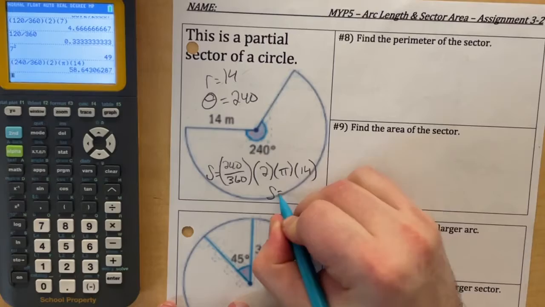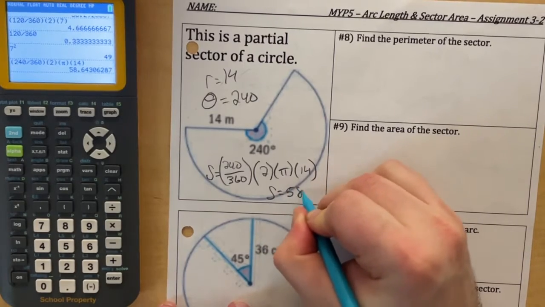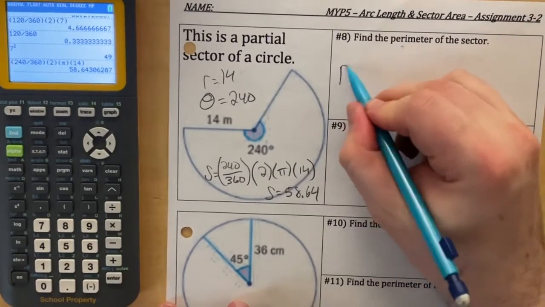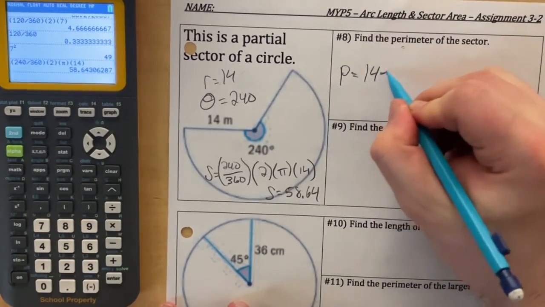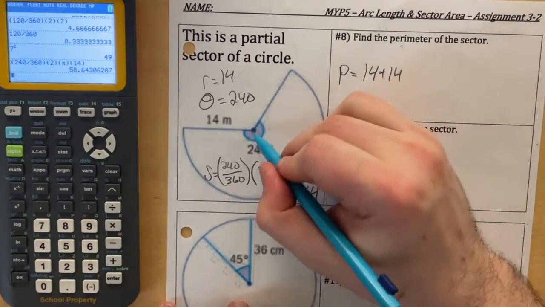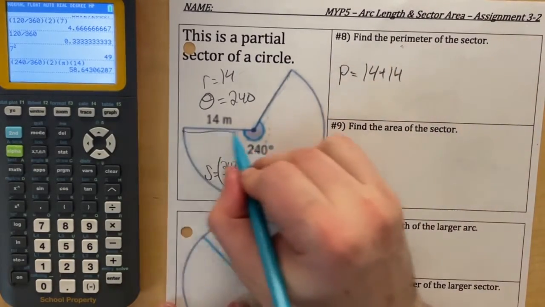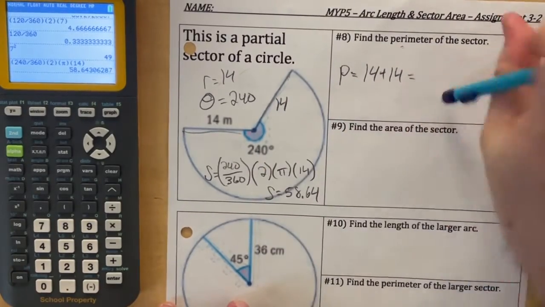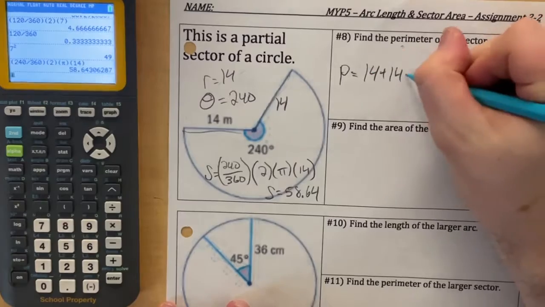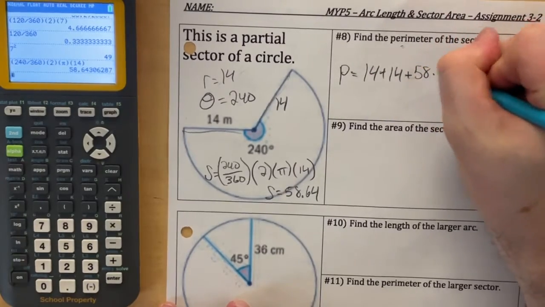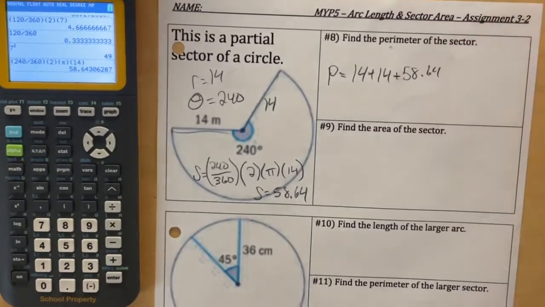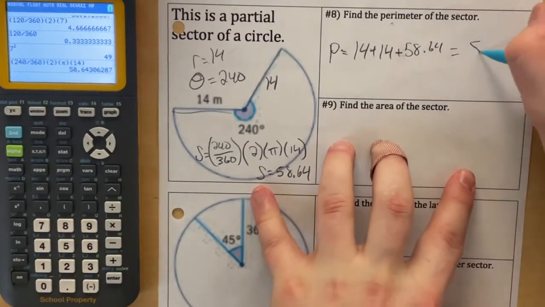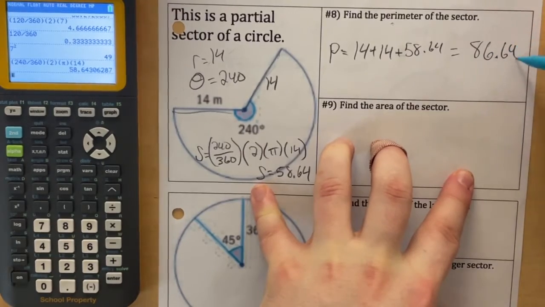So I have that arc length S is 58.64, but I'm looking for the perimeter. So I need to say perimeter P is going to be 14 plus 14, because we're talking about this side length plus this side length plus this arc length. So those two added together plus 58.64, and this is going to be 28, which is going to be 86.64, and then meters.